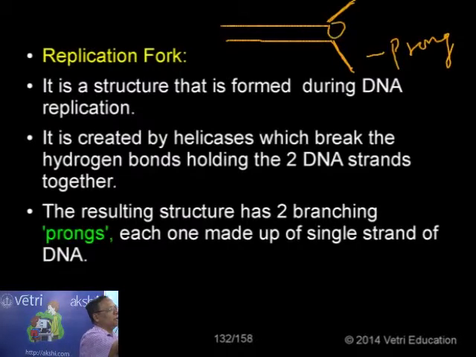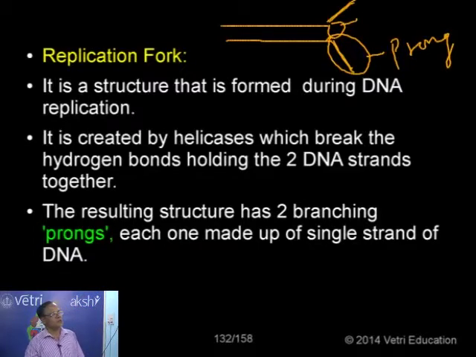Now each prong is made up of a single DNA strand. So because of the helicase enzyme, unwinding of the two strands occurs, and as a result we have formed a replication fork, a structure having two branching prongs, each made up of a single strand of DNA.